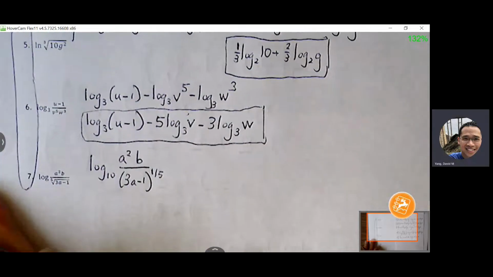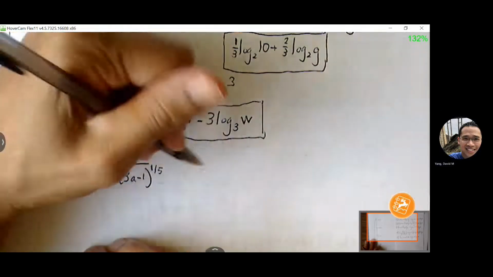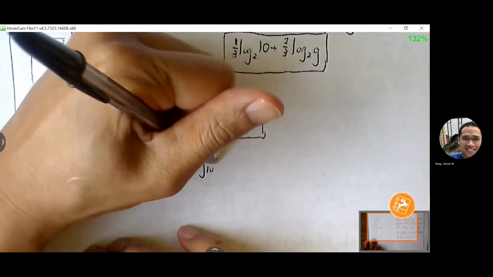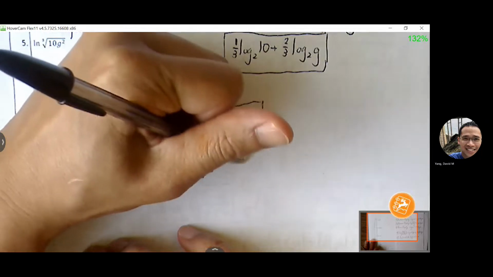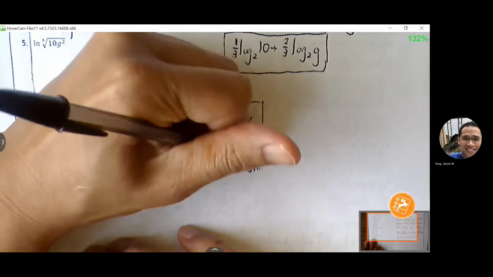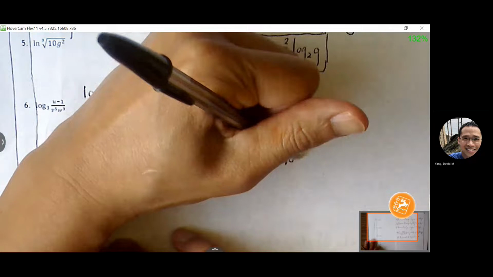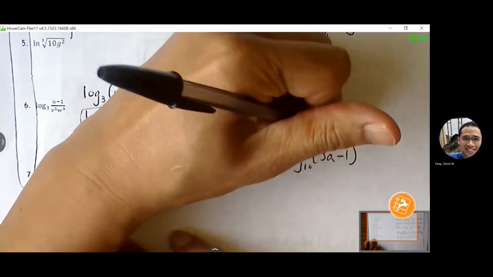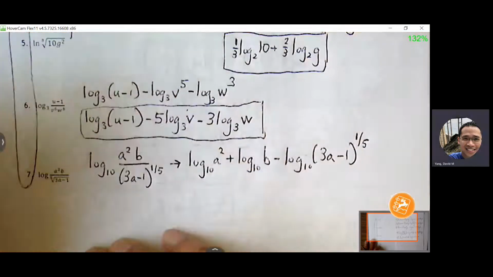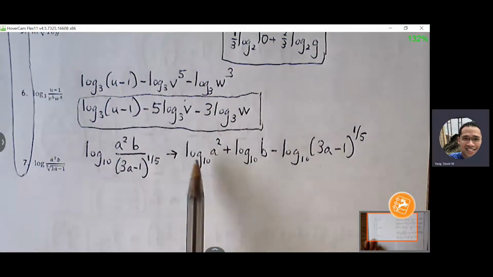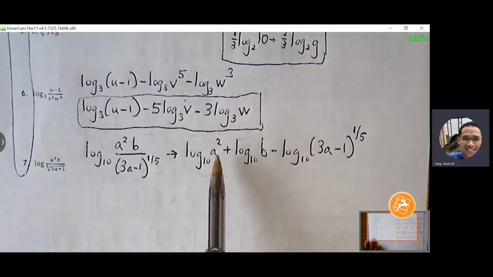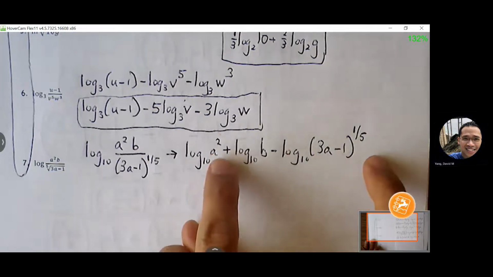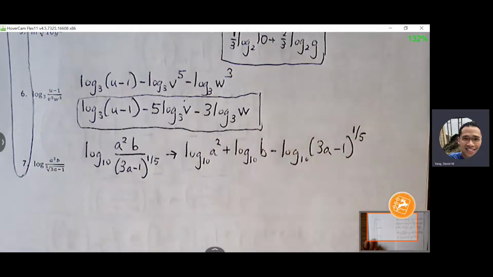Okay, so we have 3 things to separate. Once we have every term separated, we'll go looking to see if there's any exponents that we can move. We can. There's 2 exponents we can move to the front.